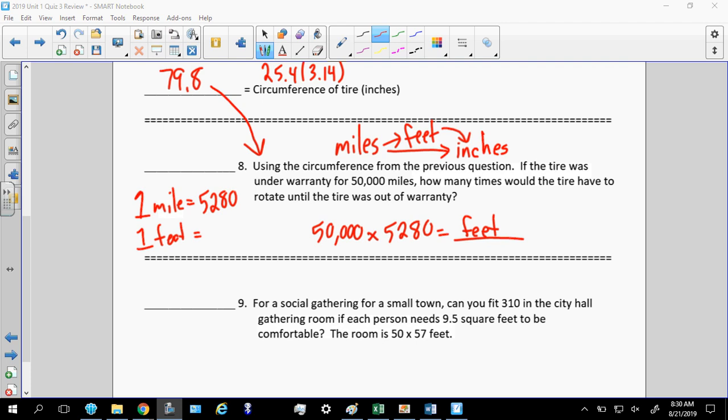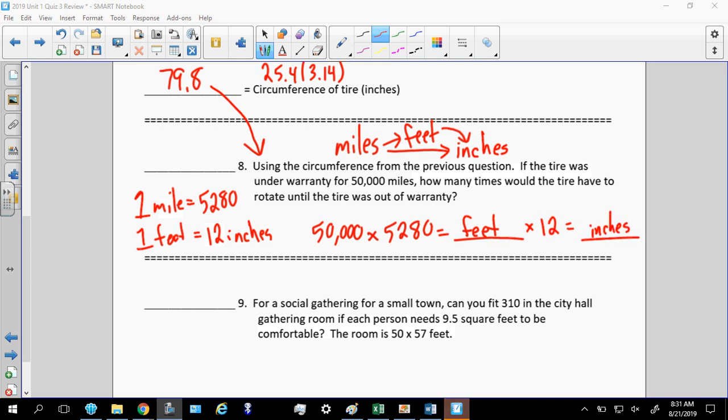Someone knocked. All right, so I think I stopped at 1 foot is equal to 12 inches. So I need to take the number of feet that I have and multiply it by 12 inches. That will give me how many inches I need.